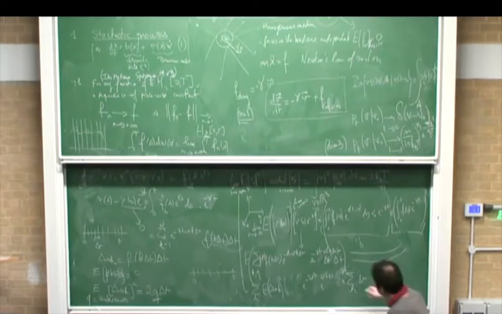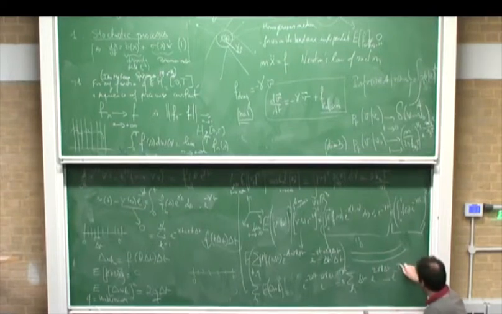And when delta t goes to 0 and k goes to infinity, there is here a factor 2. This is exponential minus 2 gamma t, the integral from 0 to t of exponential 2 gamma s ds.